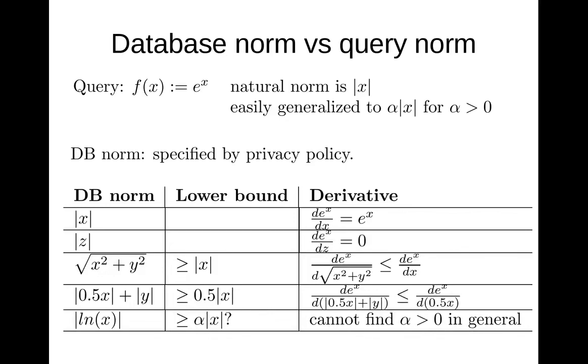The norm that we are going to upper bound is this database norm, and the different norm is now related to this natural norm of this query. We can actually use this derivative with respect to the query norm to upper bound the derivative with respect to the database norm, and we can use the derivative with respect to the query norm to compute the magnitude of the noise.